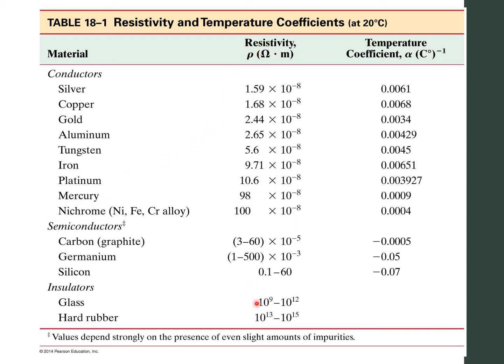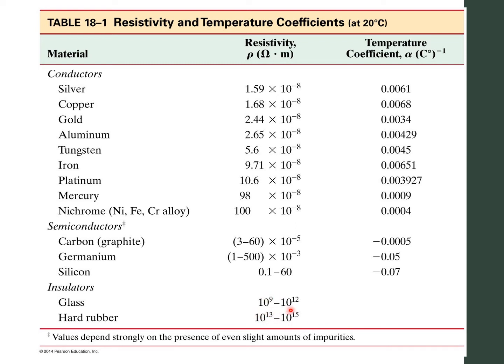The second column tells us our resistivity. So we're going to be using this to calculate the resistance. So we can see that conductors have much smaller resistivities compared to semiconductors, let alone insulators.